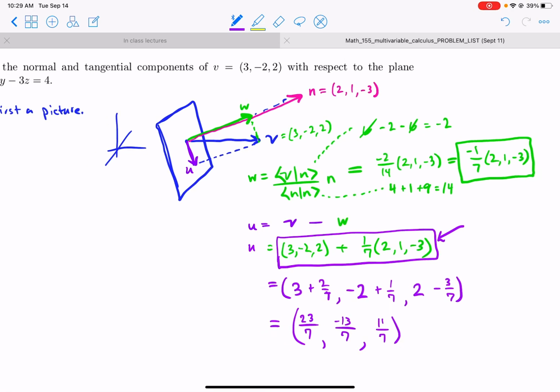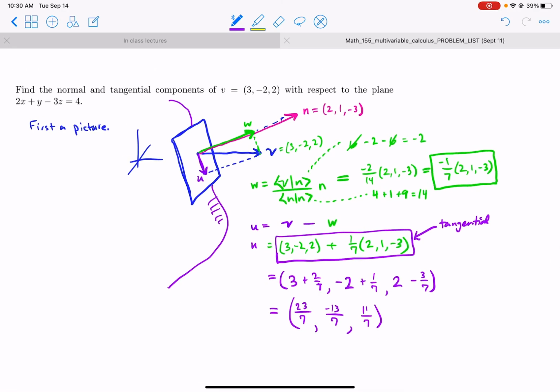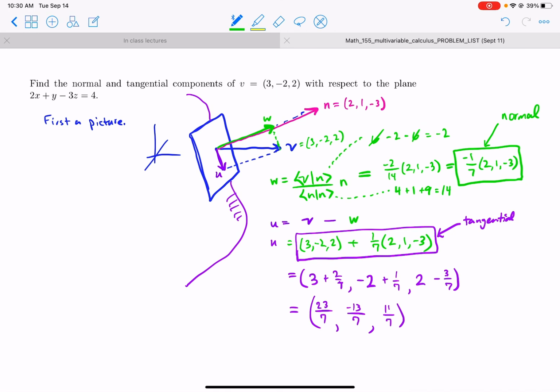And let's just label it, because we're asked to find the normal and tangential components, so I have to demonstrate I know which one is which. This is tangential. It's in the plane, so it's sort of tangent. Later our plane will be tangent to some crazy curved surface, and then the vector is tangent to the surface. And then this green one is normal to the plane. Okay, that's it.